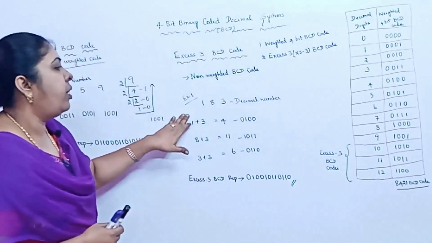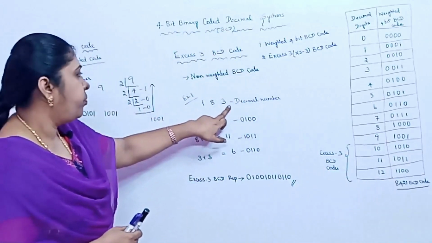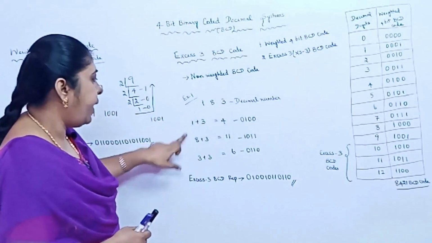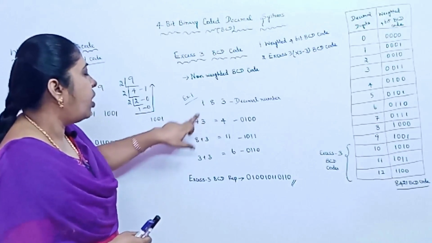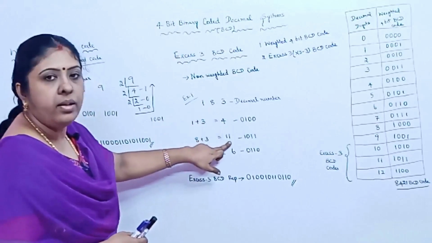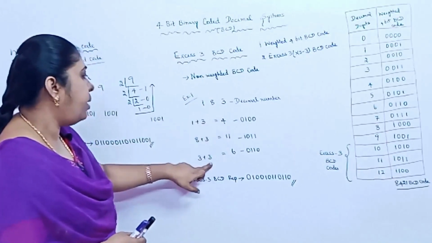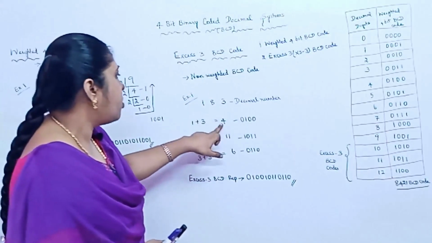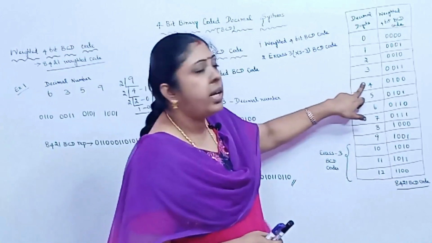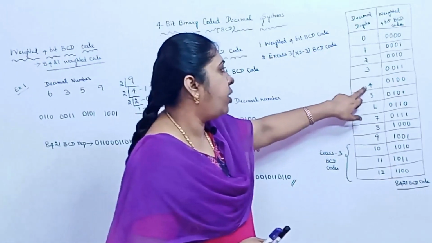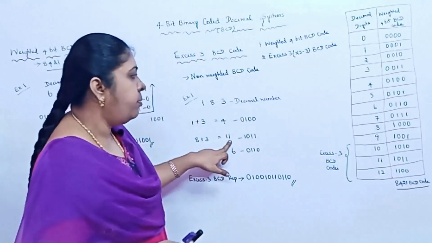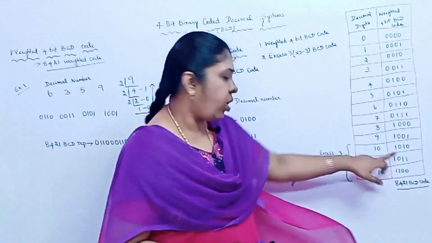Consider an example 183. Each number is written in each line. For 1, 1 plus 3, 4. For 8, 8 plus 3, 11. For 3, 3 plus 3, 6. So for 1 plus 3, 4, the concerned weighted 4-bit BCD code can be written. For 4, 0100. For 11, 1011.